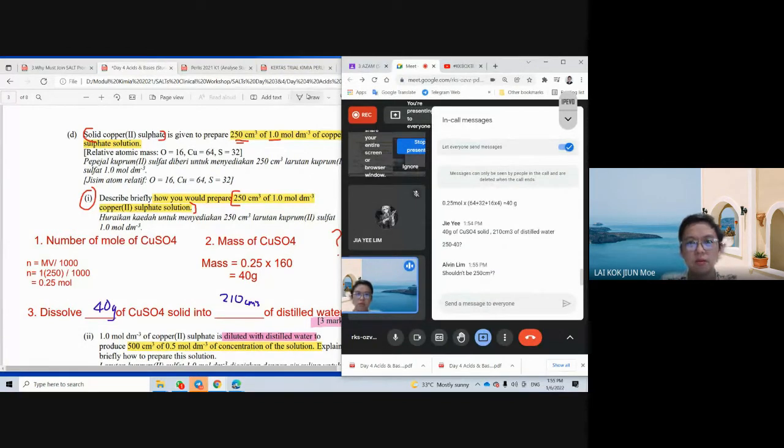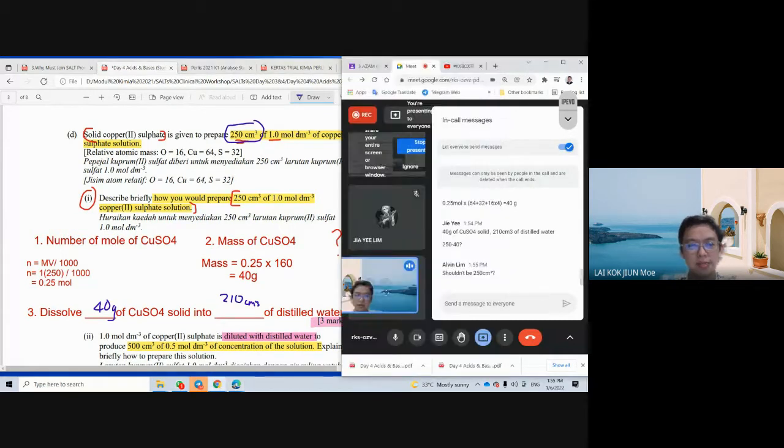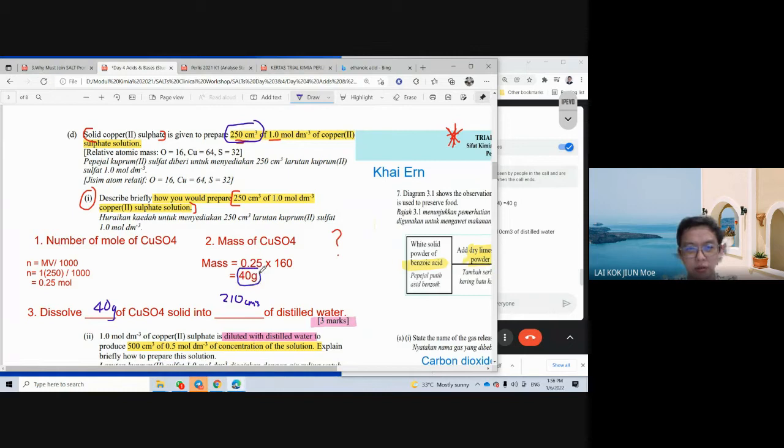Yes, we follow 250. Actually the solution you prepare, JE, you calculate already. So the 40 gram is the must-use mass, and the volume of water you cannot cut off also. You have to follow, because the total volume you need is 250. So the gram will not affect the volume, so you don't cut off the volume. So you will still use 250. Be careful with this one.